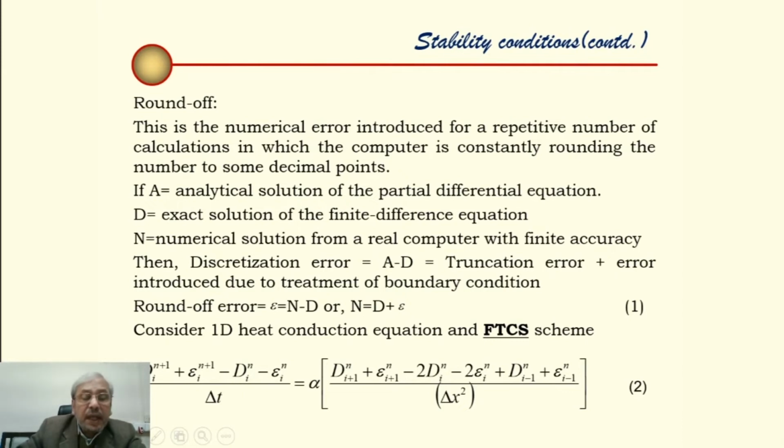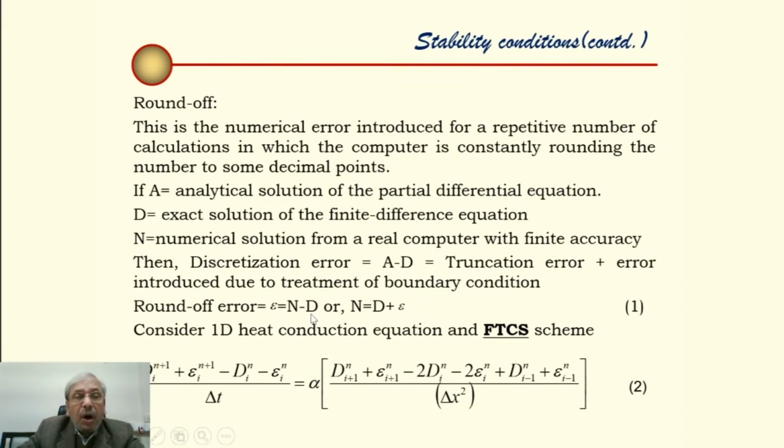Now we can write, for example, in our unsteady state heat conduction equation, the differentiation of uppercase T, which is temperature, del T by del time, equal to alpha del 2T by del x2.